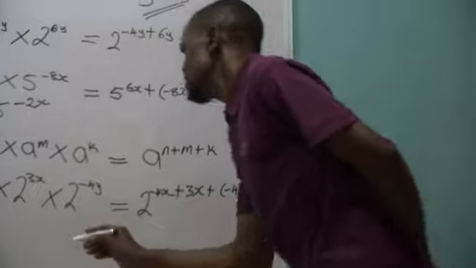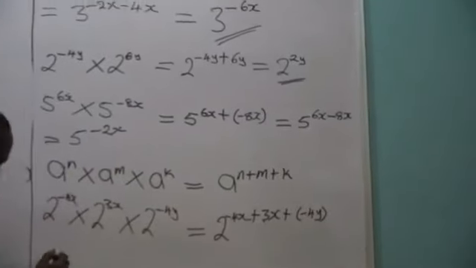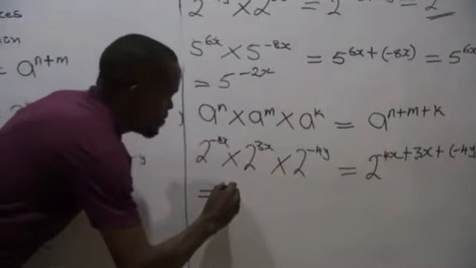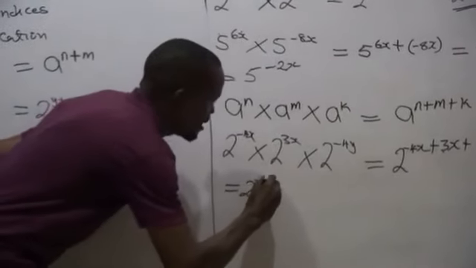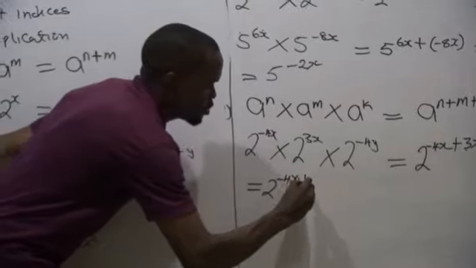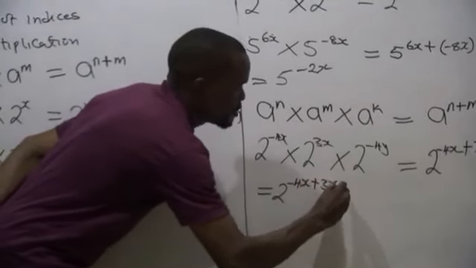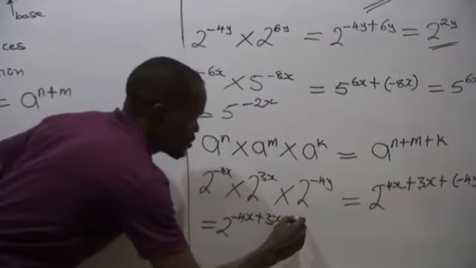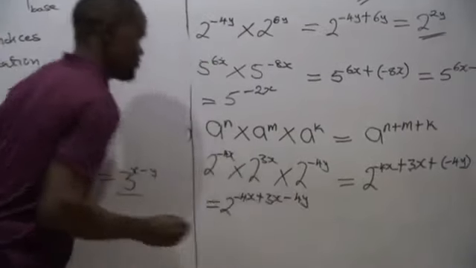This can be stated as 2 raised to power minus 4x plus 3x, plus times minus will give me minus 4y.